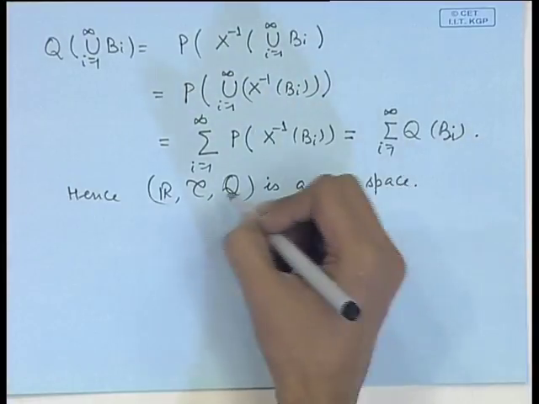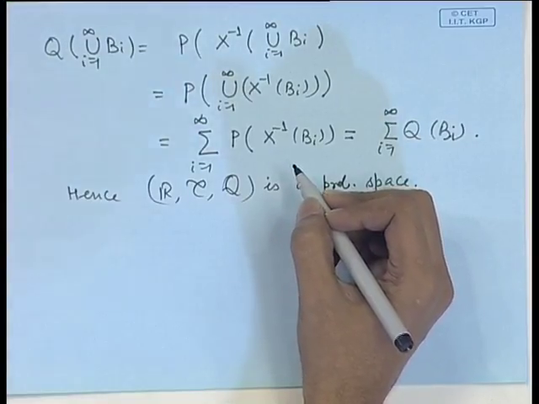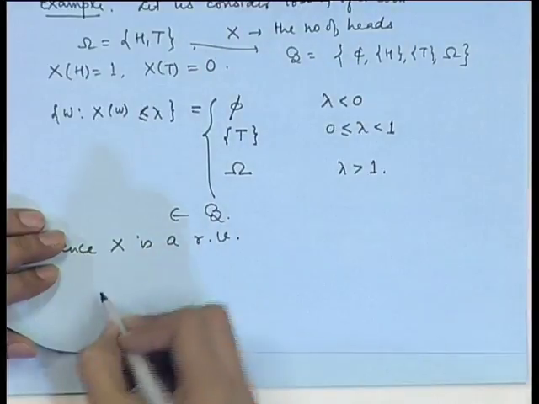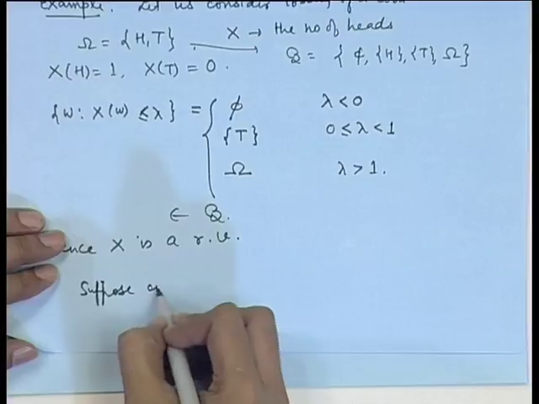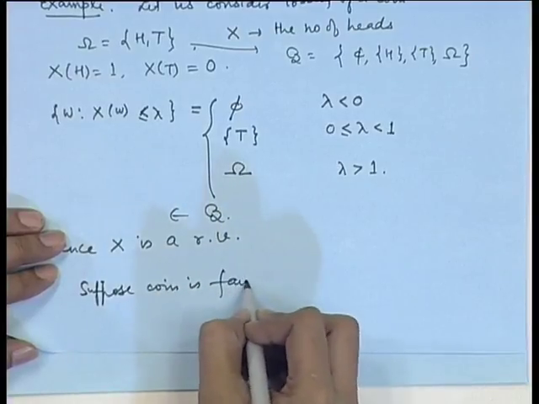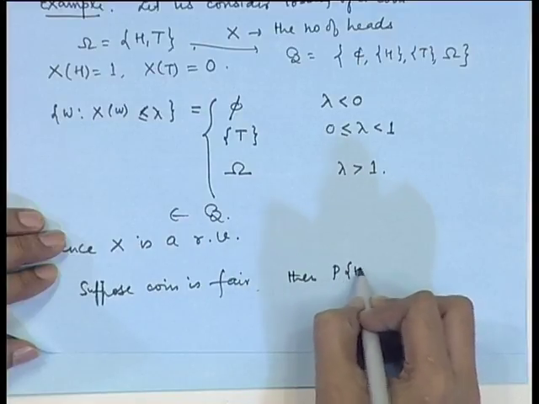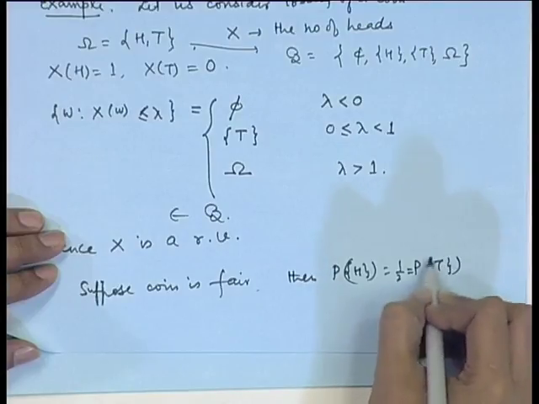So, this Q is called the probability distribution of the random variable. Let us look at this example of head and tail. Here if we say that the coin is fair, then you will have probability of H equal to half and probability of tail equal to half.